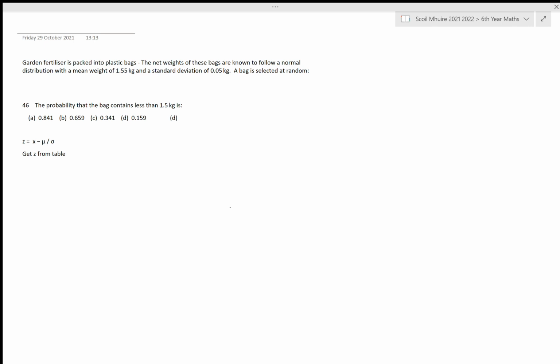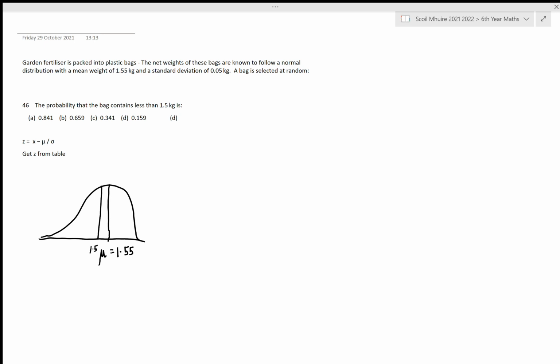All right, so for each of these questions, I always find the best thing to do is just to draw out what you have on your normal distribution curve. So you're told that your mean weight is equal to 1.55, and you've got your standard deviation there as well, and you want to find the probability that the bag contains less than a weight of 1.5.